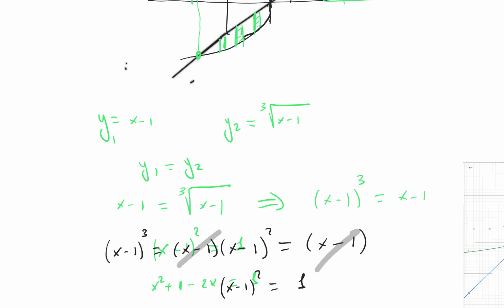So now the 1 will cancel, and we will end with x squared minus 2x equals 0, or x multiplied by (x minus 2) equals 0, so x equals 0 or x equals 2. And now I have the two vertical lines where I have to do the integration, from x equals 0 to x equals 2.